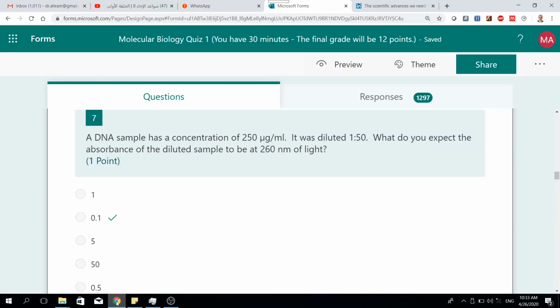Good. Now we already know that one unit of absorbance is equal to 50 micrograms per ml. So the concentration is 5 micrograms per ml. So basically the absorbance would be 0.1. So it's a tenth the absorbance of the 50 micrograms per ml.